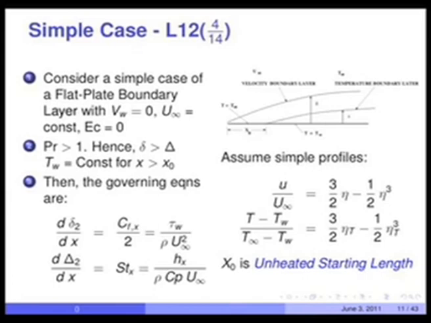Likewise, the temperature profile is T minus T w over T infinity minus T w equal to 3 by 2 eta T minus 1 by 2 eta T cubed.